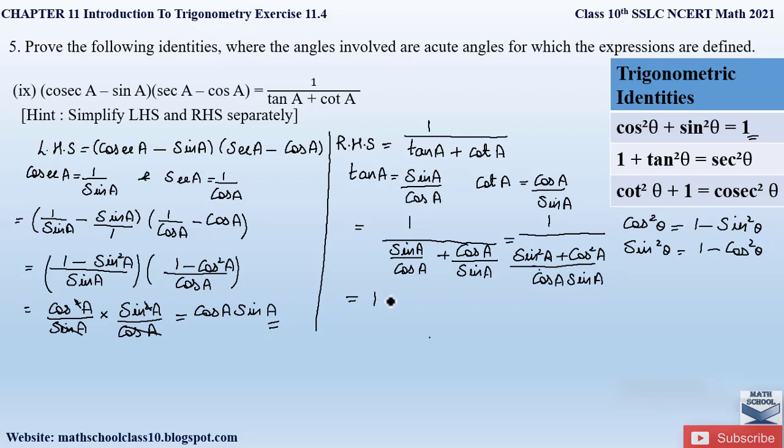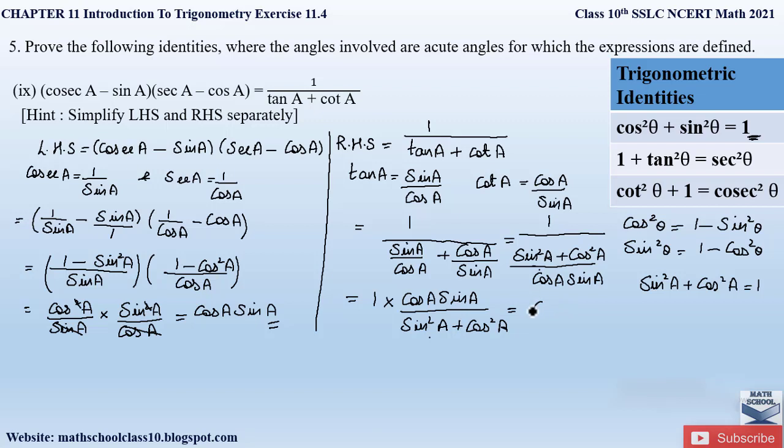The numerator is 1, so reciprocating the denominator we get cos A into sin A divided by sin square A plus cos square A. In the denominator we can apply our identity again, cos square theta plus sin square theta is equal to 1, so sin square A plus cos square A equals 1.